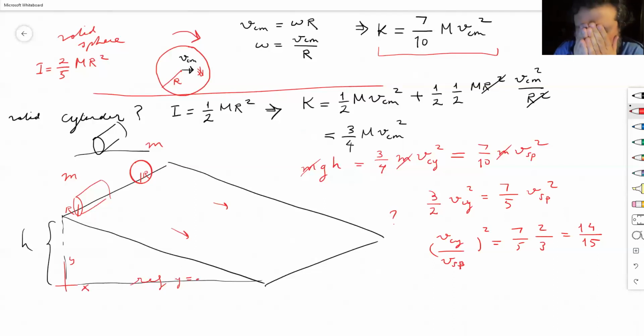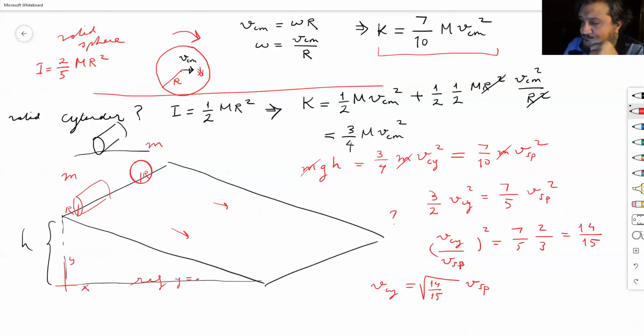All right, so let's just write this: v_cy is equal to the square root of 14 over 15 times v_sp, sphere.